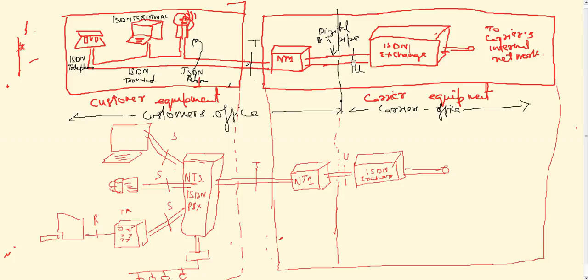So what can this U be? This can be simply a copper pair of the access network. You have a copper pair, just plug it in together, because these are all twisted pairs. So you can plug in these copper wires to connect to each other. And this pair can be used for full duplex transmission, from this way and that way also.